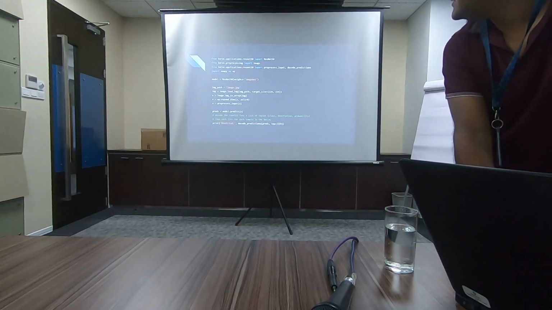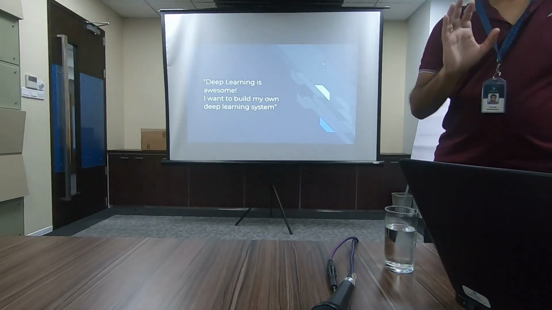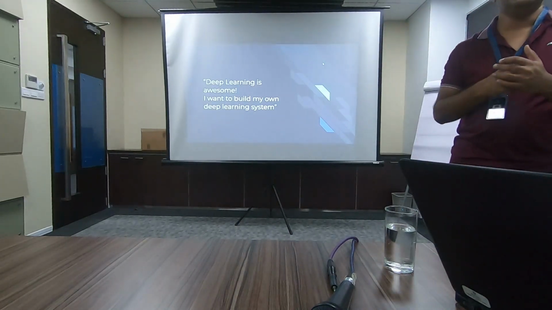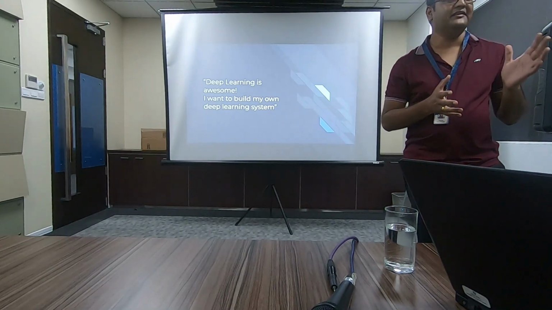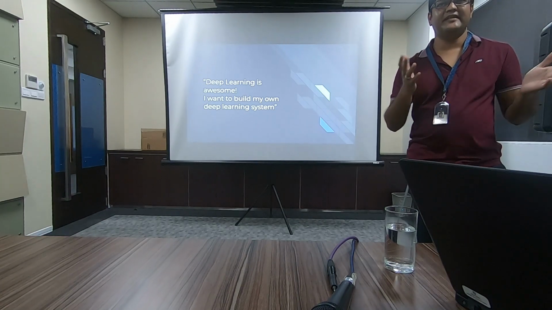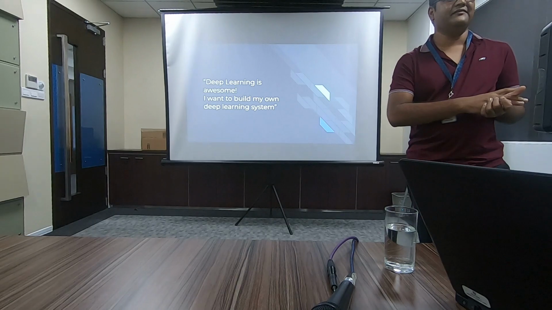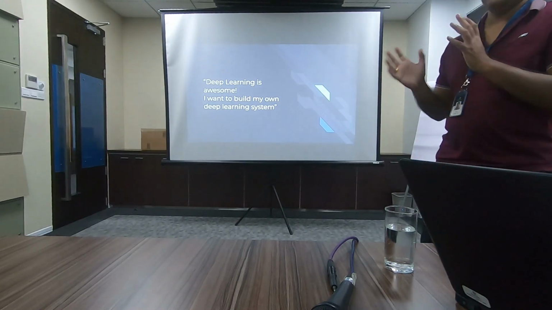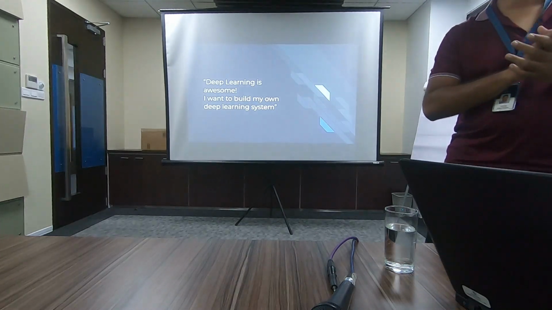So let's move on. Now you've seen how even a couple of years old deep learning models work so well with image recognition. And you might be thinking, okay, can I build something like that on my own? You can, but that's where the usual problem comes in.